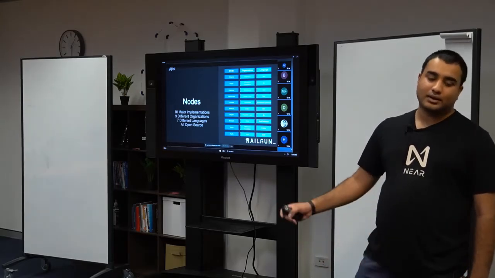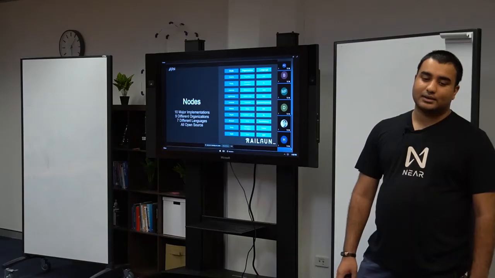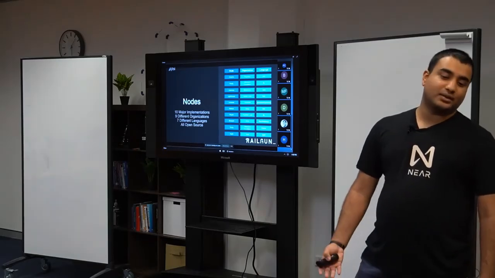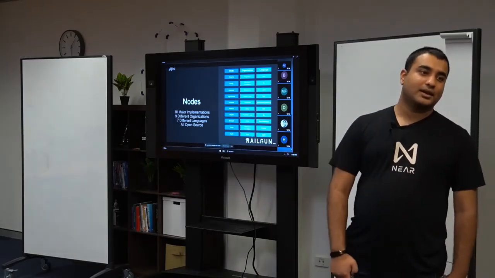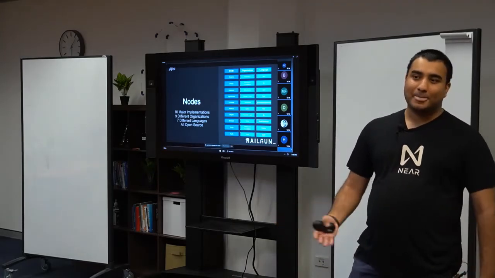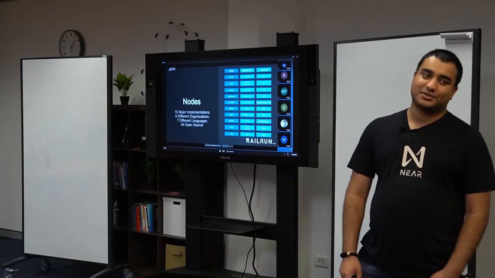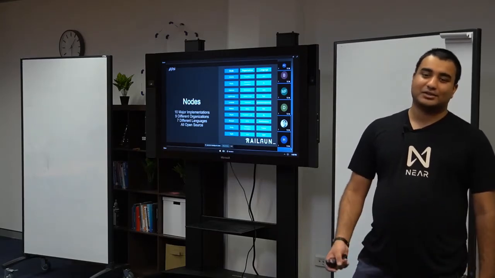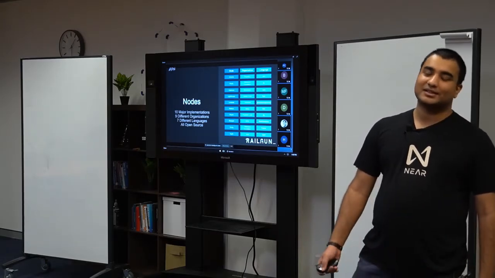The rest of them are all by separate developers. And there are 7 different programming languages. So in terms of off-chain applications, there's more developers that are able to create applications for Ethereum, which is always good.